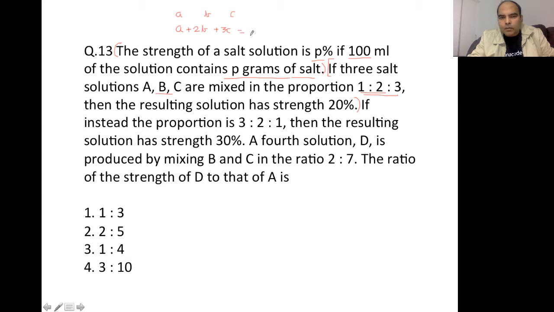And this has an average strength of 20%. We are assuming that the percentage concentration for A is A%, B is B%, and C is C%. So if I divide this by 6, this should be equal to 20, because this 20% is the weighted average of 1, 2, 3.